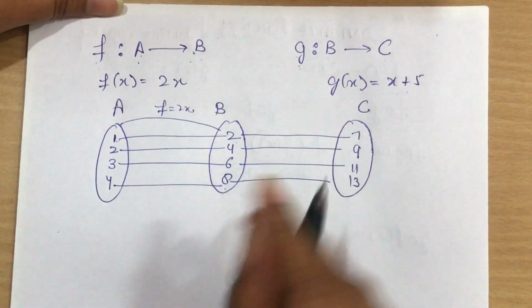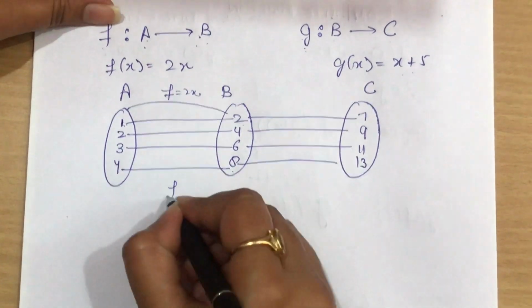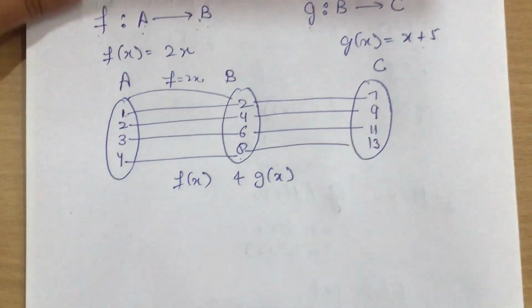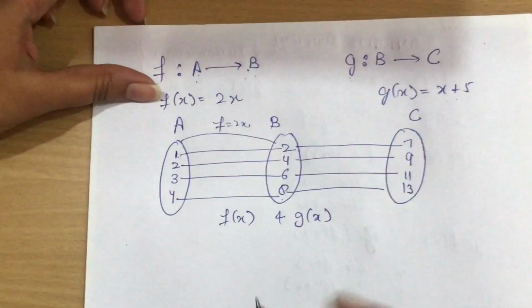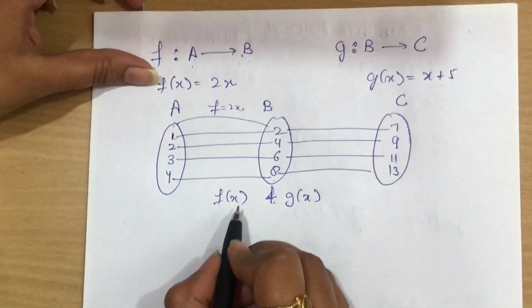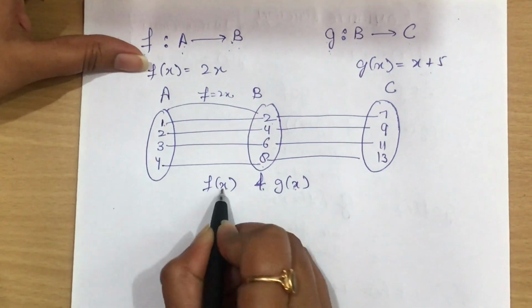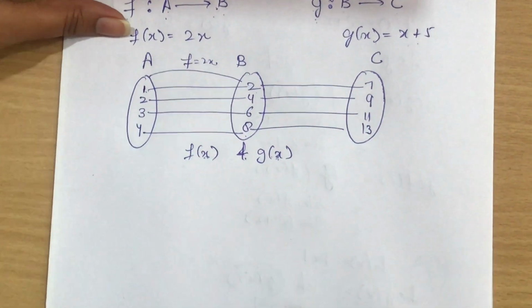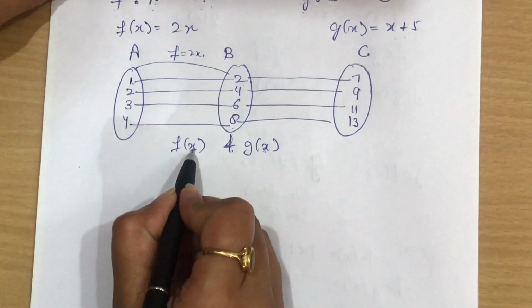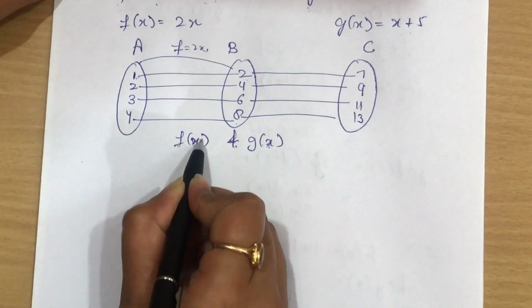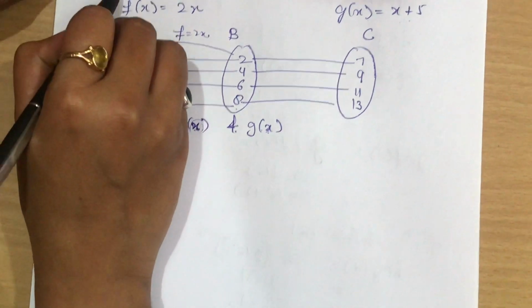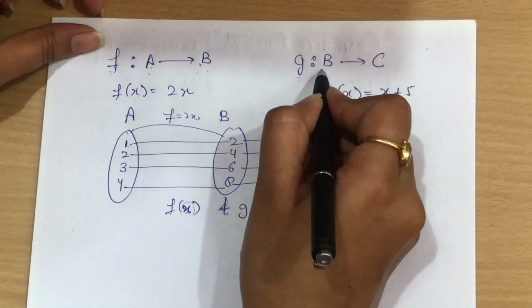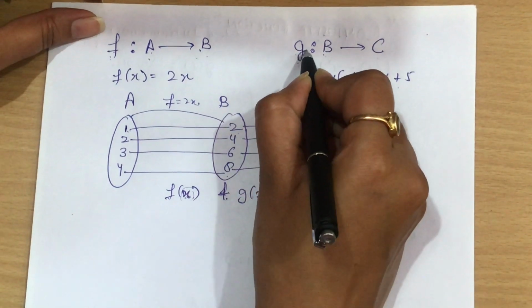Okay, so I repeat, this f of x and this g of x. One thing students, please notice that these two x have a different meaning. This x, when I talk about f of x, is the domain for f, and this x is the domain for your function g.